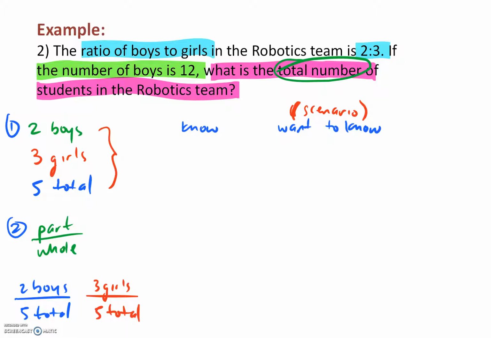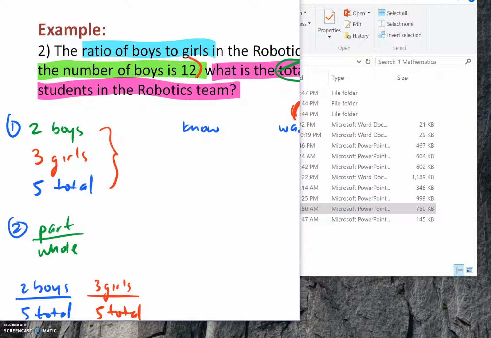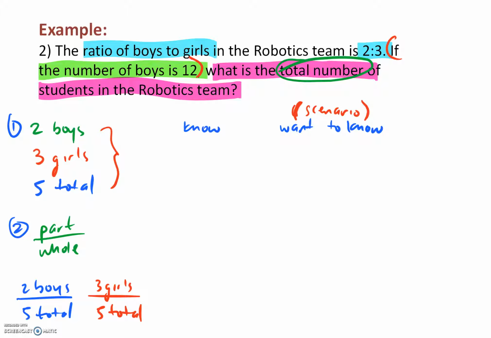Alright, so the scenario that they're giving us in the problem is if the number of boys is 12. The scenario is about boys. So therefore, the part-to-whole ratio that we're going to pick is going to be 2 boys to 5 total. So let's write that down for the part we know. 2 boys, 5 total.